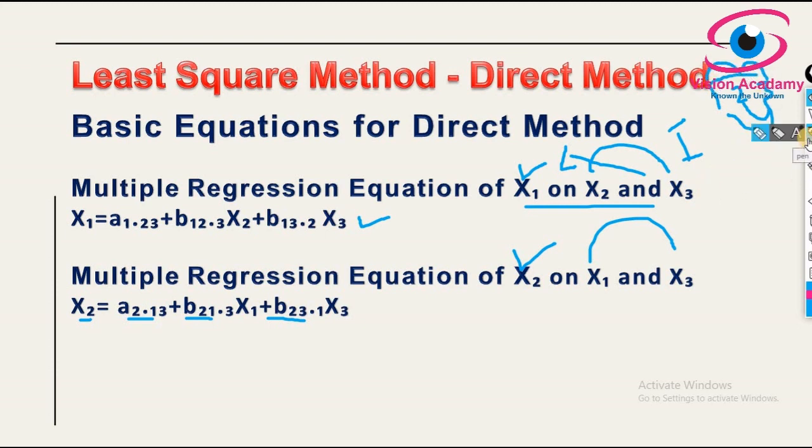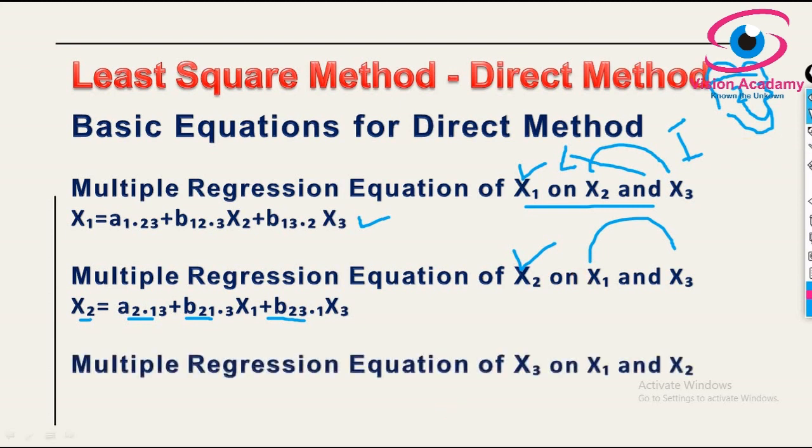Let us see the basic equation of x3 on x1 and x2. Here x3 equals a3.12 plus b31.2 x1 plus b32.1 x2.